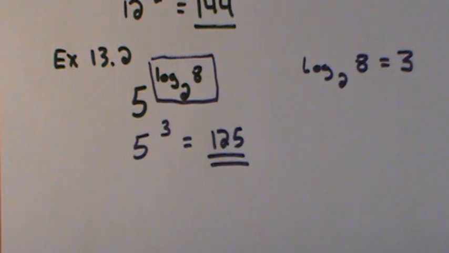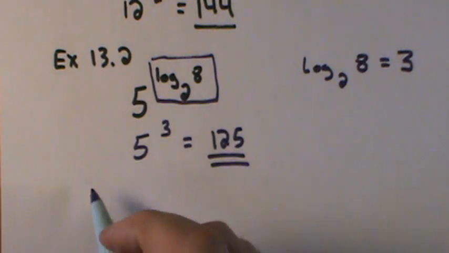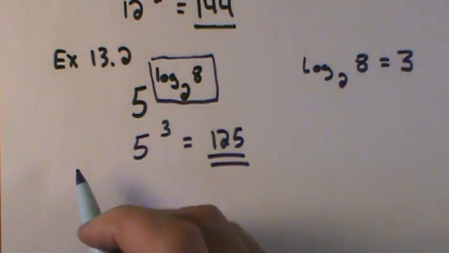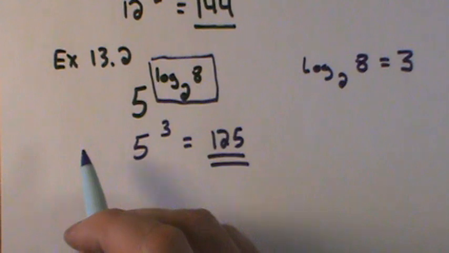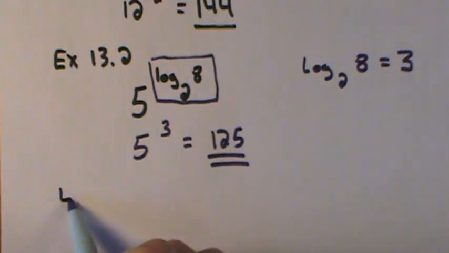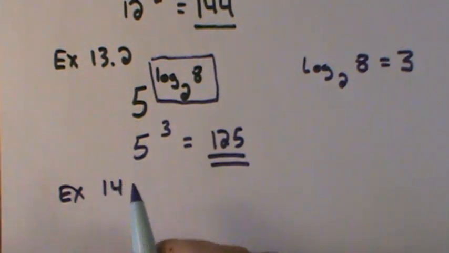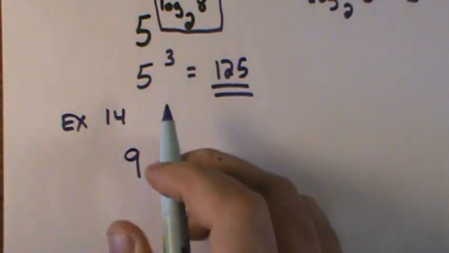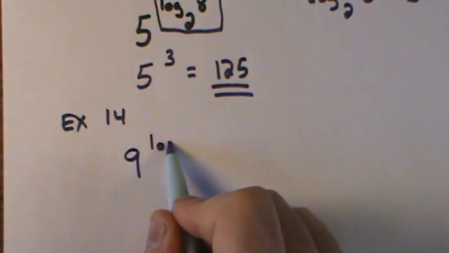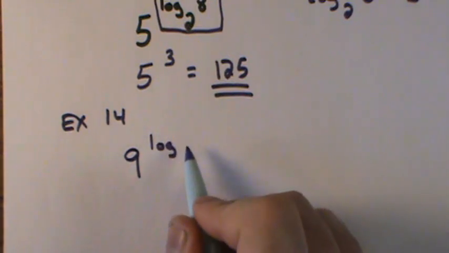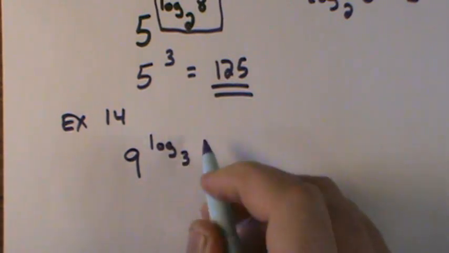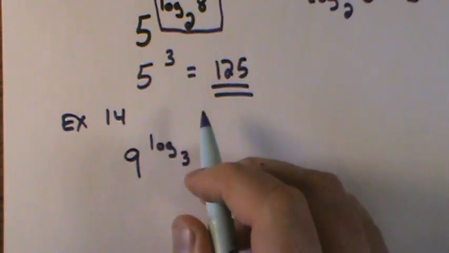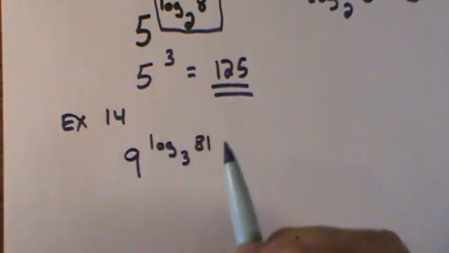Let's do another. I've got one that says example 14, 9 raised to log base 3 of 81.